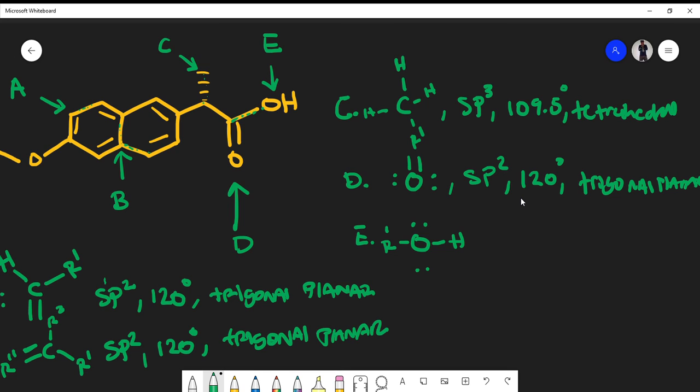And so in this case, we have 1, 2, 3, 4 electron groups around the oxygen. So we're looking at sp3, 3 from the p, 1 from the s, 1 plus 3 is 4. Now the shape of this is, I'm sorry, not trigonal planar, but tetrahedral, since we have 4 electron groups, going back to our general chemistry. And so we should expect the bond angles for tetrahedral to be 109.5.